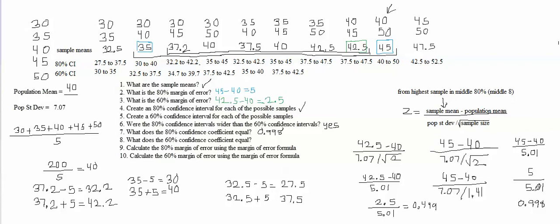We already know it equals 5.01. So our final answer when we finish using the z formula is 0.499, about 0.5. Now that we have these two answers for 7 and 8, we can actually use them to answer 9 and 10.